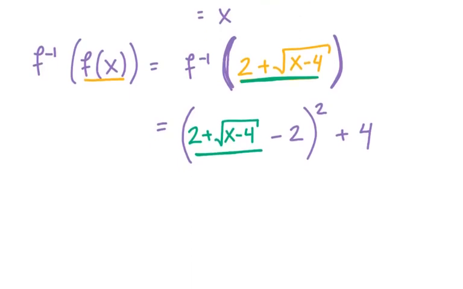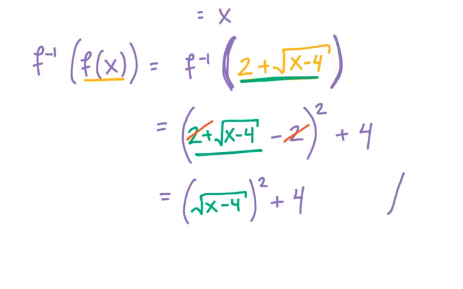Now let's go ahead and simplify. So I see my plus 2 and my minus 2 cancel. So in the parentheses, I've really just got a square root of x minus 4. That quantity is being squared, and then we add 4. So when I square the square root, it pops off, leaving just the quantity inside, which is x minus 4.